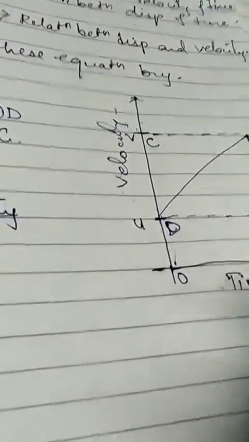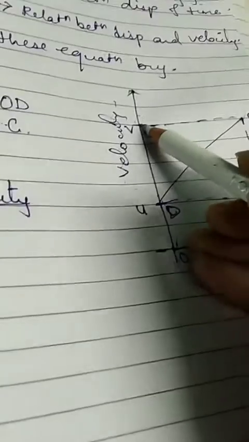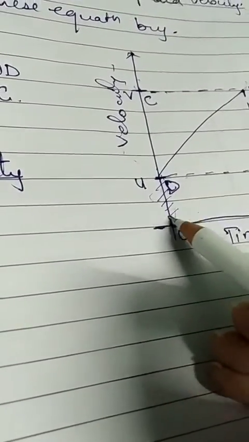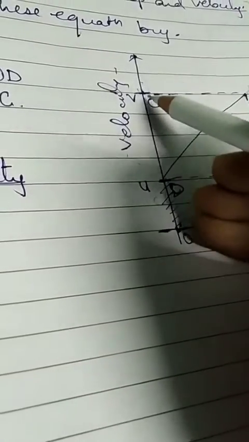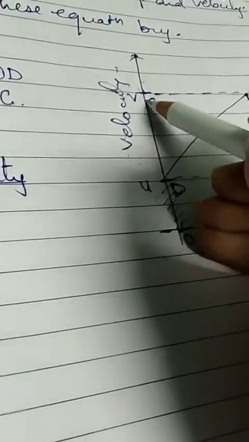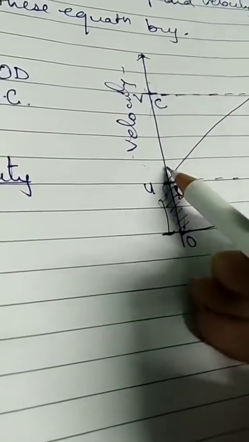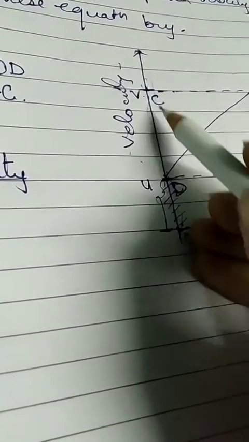Okay, now coming back to the graph, OC minus OD means from this whole line OC you have to subtract this part. What is the remaining half? DC.